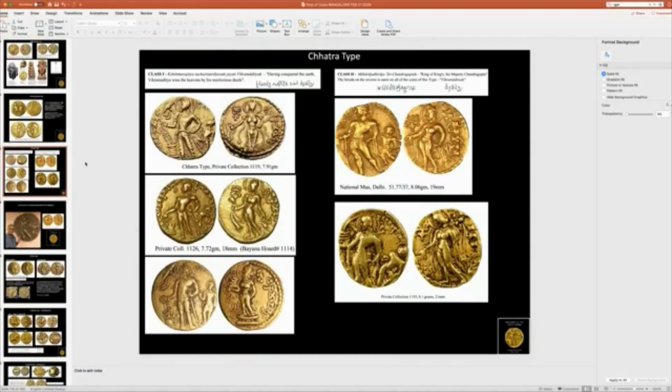And we can see that because we have copper, lead, copper, and silver coins, which show us the transition and the start of the conquest of the Kshatrapas.